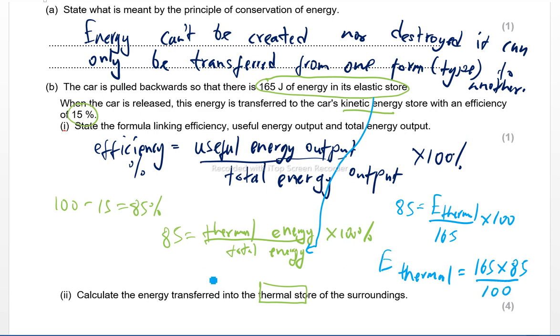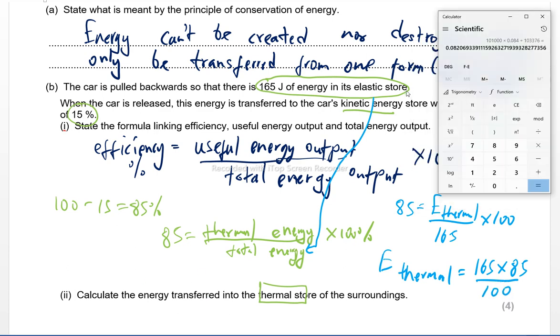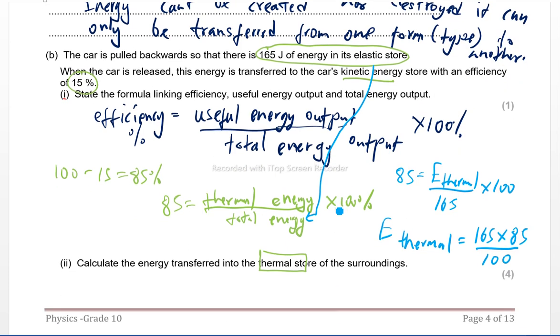We'll enter it on the calculator and see what the answer is. So I'll get 165 multiplied by 85 divided by 100. I get the answer as 140.25. So the answer here has to be 140.25.